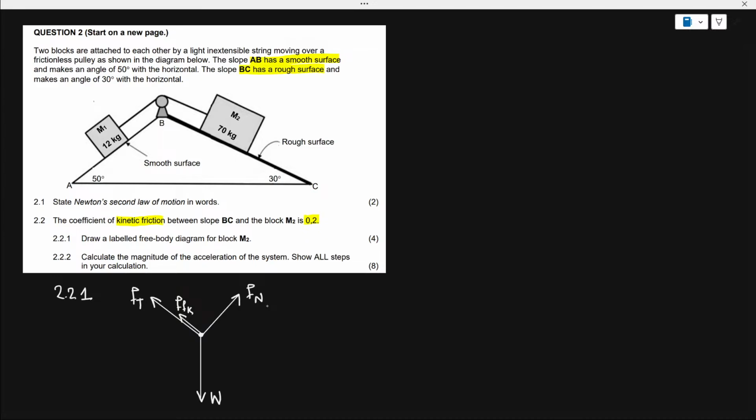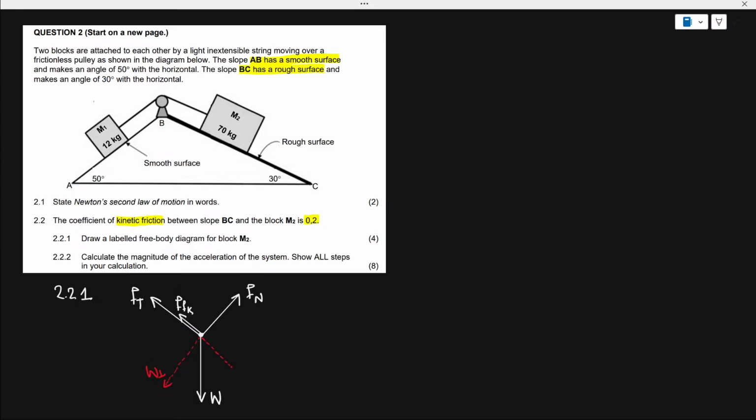So all is good. Now, alternatively, this is what you can do. Instead of showing the weight force, you can just show its components, okay? And we know that this weight force, since this is an inclined plane, will have a perpendicular component, and we call that a perpendicular component because it's perpendicular to the surface.